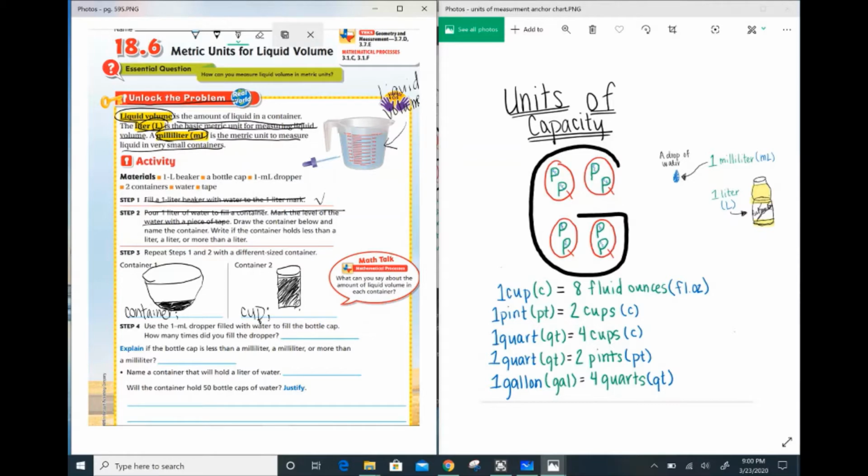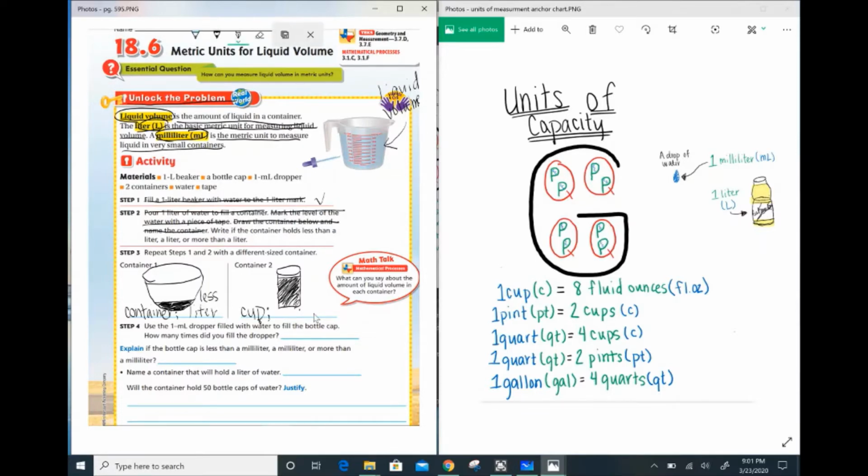The next thing it tells me to do, I already drew the containers and named the containers. Now I'm going to write if the container holds less than a liter or more than a liter. I think this one is less than a liter.